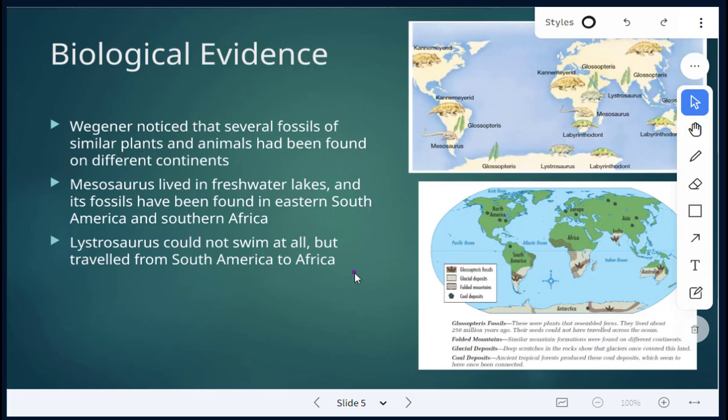Listosaurus could not swim at all, but was able to travel from South America to Africa. Okay, this is a map showing some other fossils as well. This is from the textbooks if you want to take a look at that. So again, fossils that we can see in South America were also being found in Africa as well.